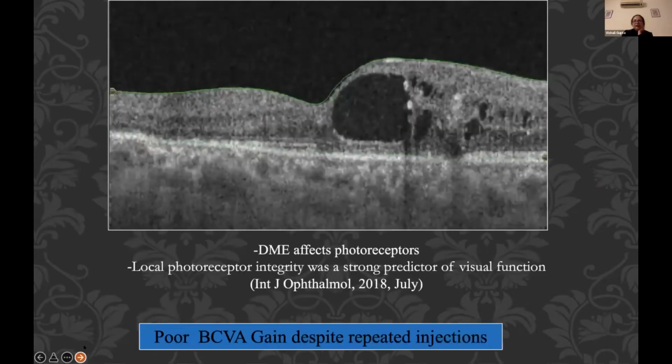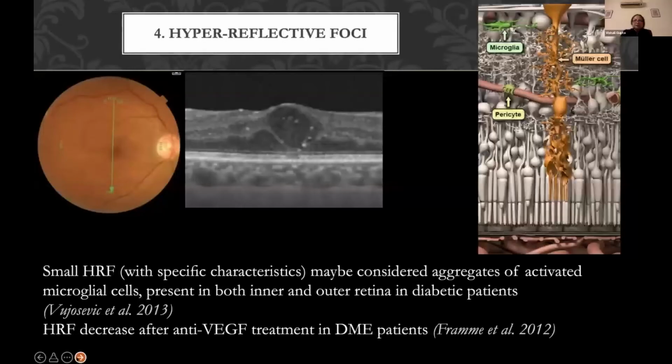When you look at his OCT, there is a large, probably long-standing cystoid space, and look at the integrity of the photoreceptors. Once the photoreceptor integrity of the outer layer is gone, due to long-standing hypoxia, this again is a biomarker for poorer prognosis.